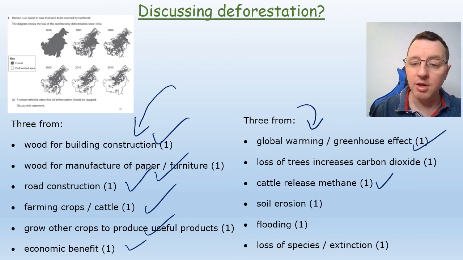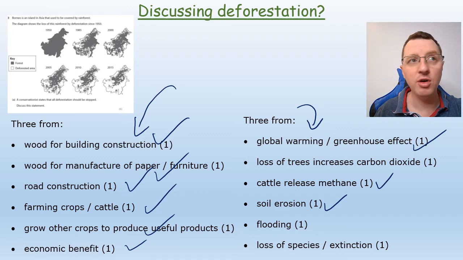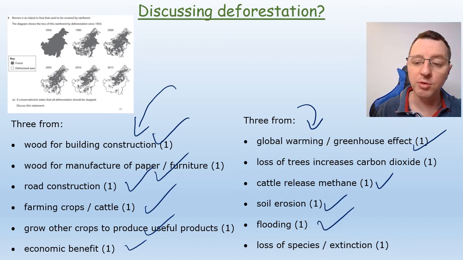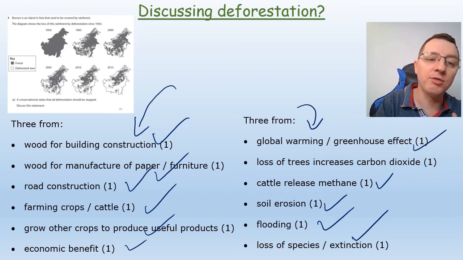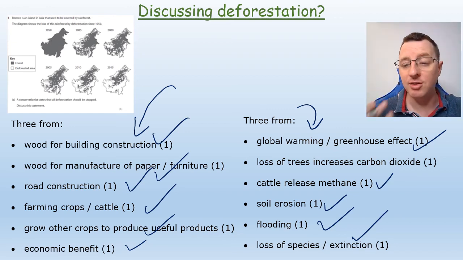We will also get a large amount of soil erosion, so even though the land appears fertile at first, after a few years it will become very infertile as that soil is washed away, leading to possible flooding in the local areas. There will also be a loss of species or extinction of species, leading to reduced biodiversity. So you should be able to get at least 3 arguments for deforestation and at least 3 arguments against deforestation in an exam question like this.